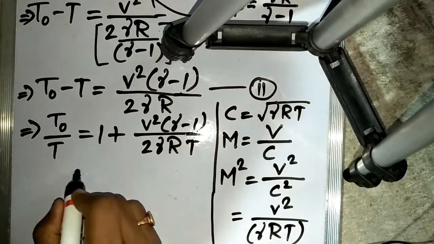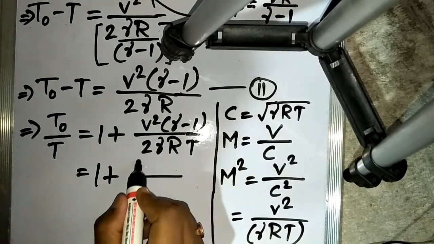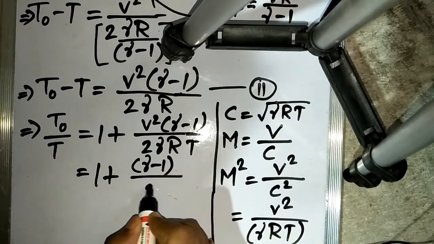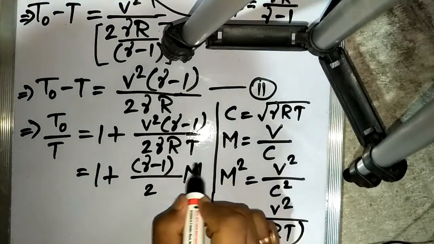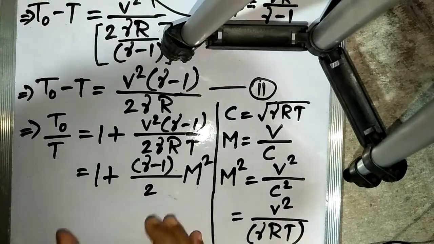Let's see what happened. We get 1 plus gamma minus 1 by 2 into M square.